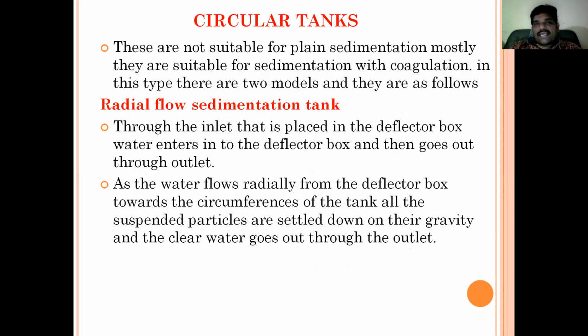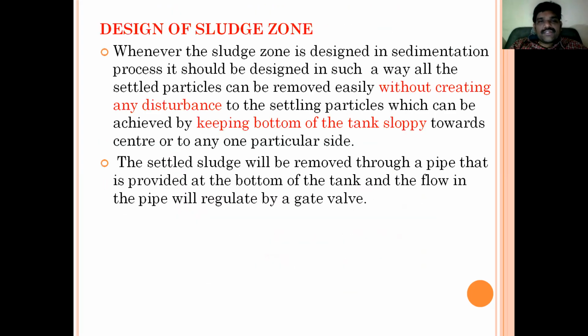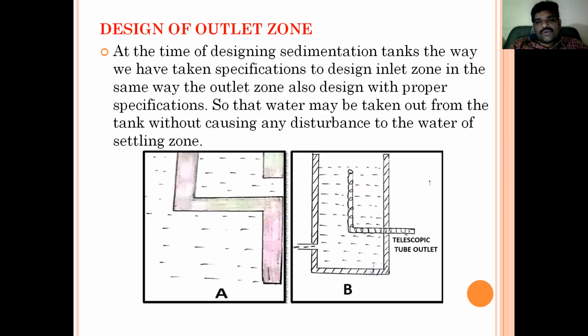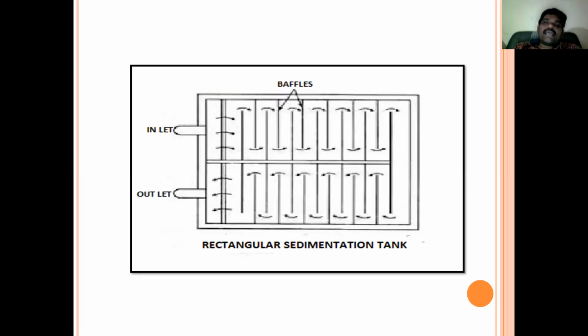One more model is there in the circular tank. We'll discuss it in the next class. Hope you understood. Today we have discussed the sludge zone and outlet zone, and the types of sedimentation. We have seen rectangular tanks where the water velocity is fixed in such a way that water can settle at the bottom at every baffle zone.